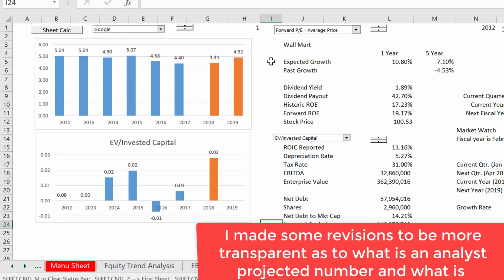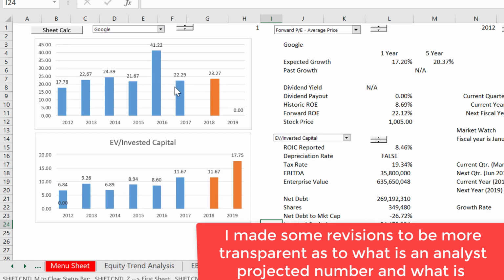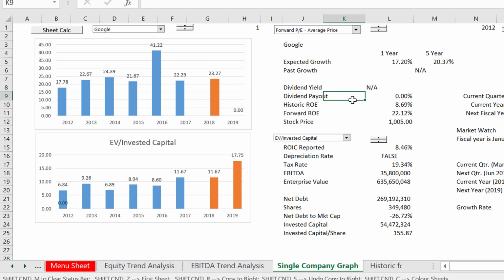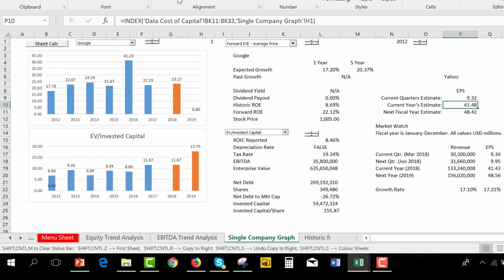So here was Google's. Let's look at Google's forward PE. And here is what it is now. And then I also put, they don't have to pay any dividends. And then I put their expected ROE, their current year estimate of what the earnings are.